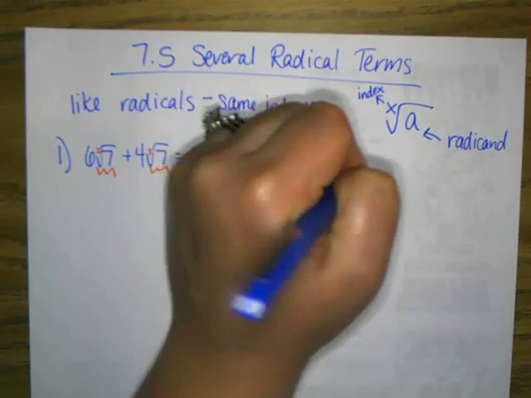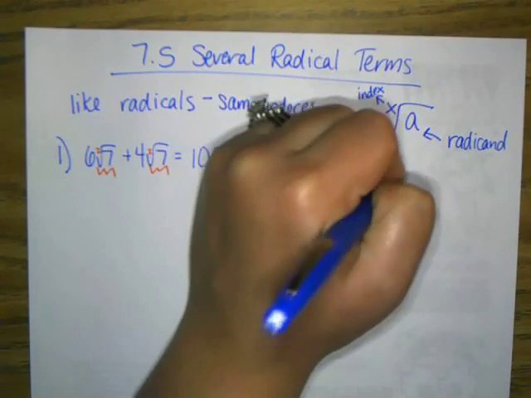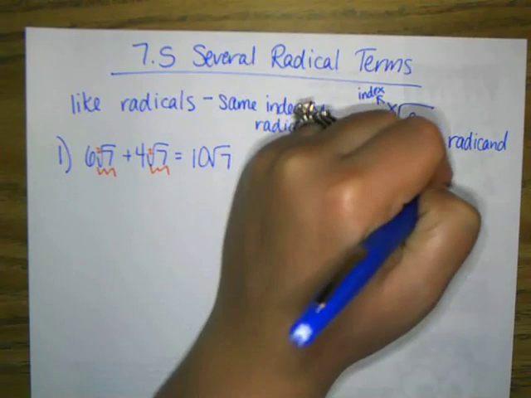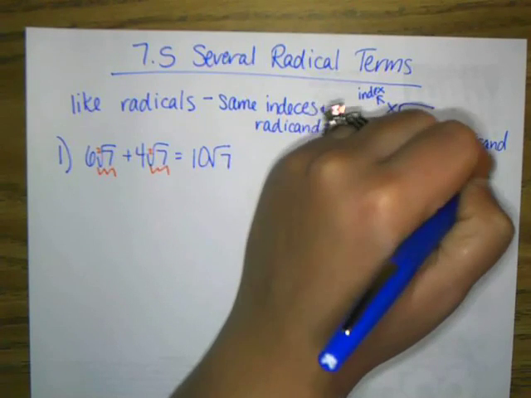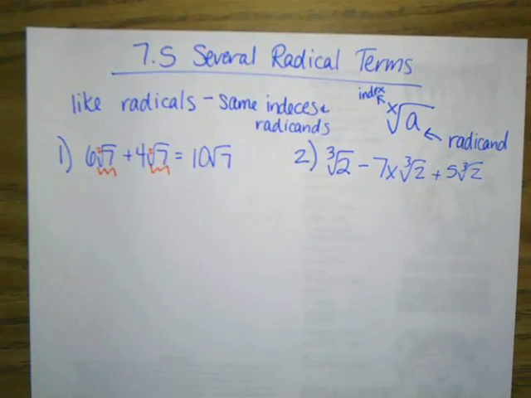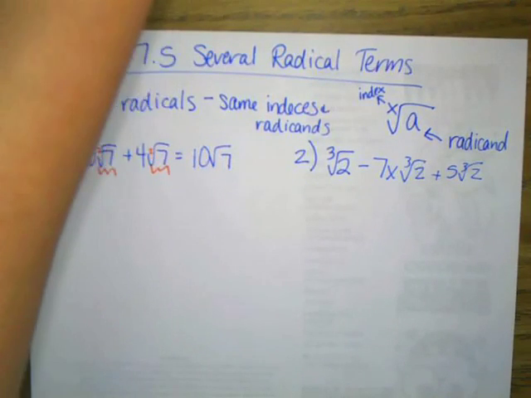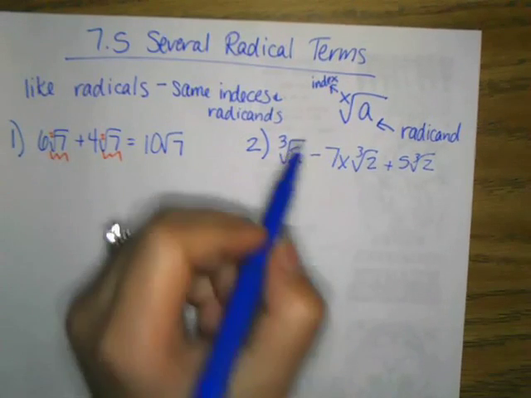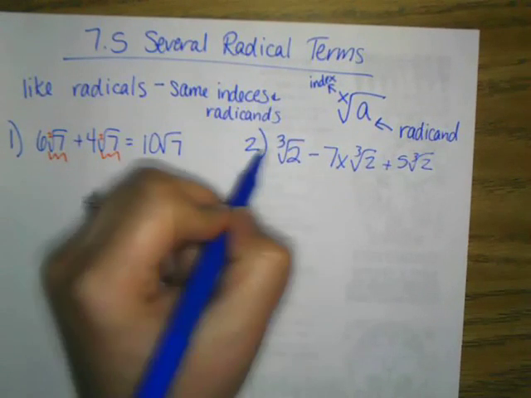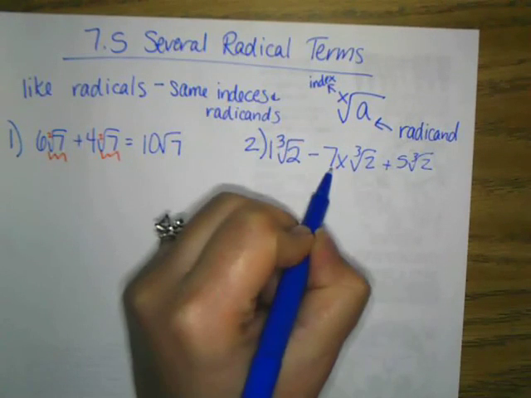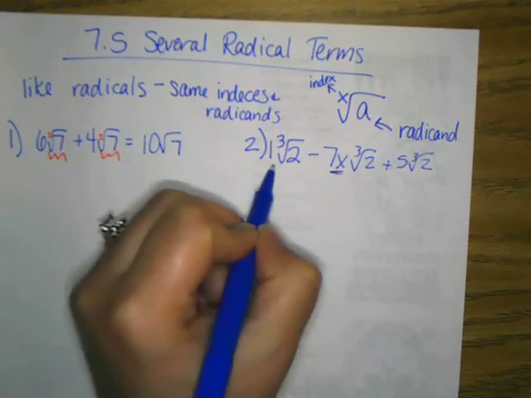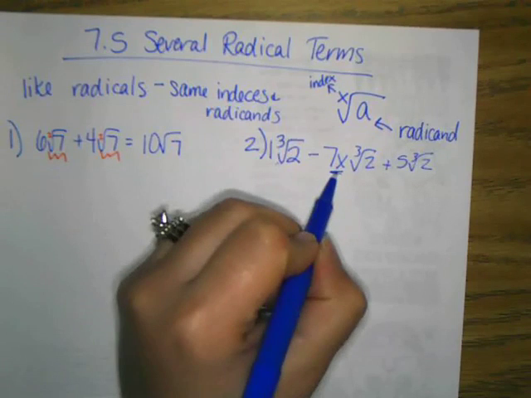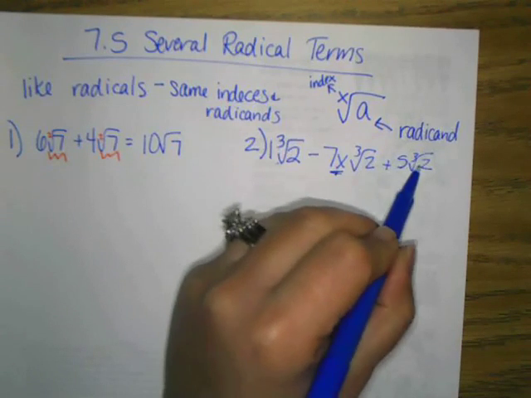Okay, number 2. Cube root of 2 minus 7x times the cube root of 2 plus 5 times the cube root of 2. So I have cube root of 2, I have 1 of them. I have minus 7x of them. 1 and 7x are not like terms though. Plus 5 of them.